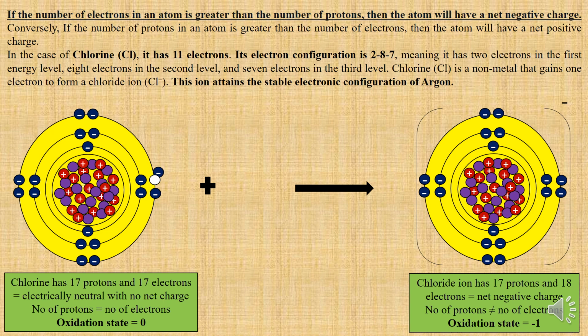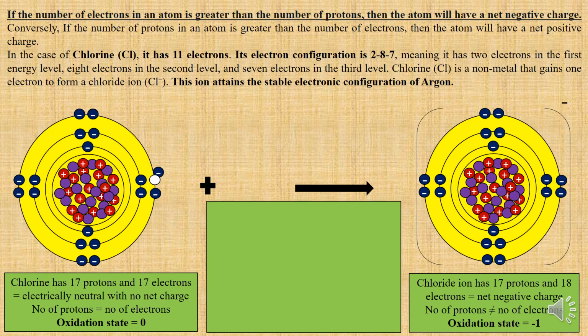Now the chloride ion has 17 protons and 18 electrons with a net negative charge. Why? Because the number of protons is not equal to the number of electrons. So it has got 1 electron more, and therefore it has 1 negative charge. Oxidation state is -1. Now the oxidation state changes from 0 to -1. Why? Because it has gained 1 electron, and therefore the oxidation state will be -1.